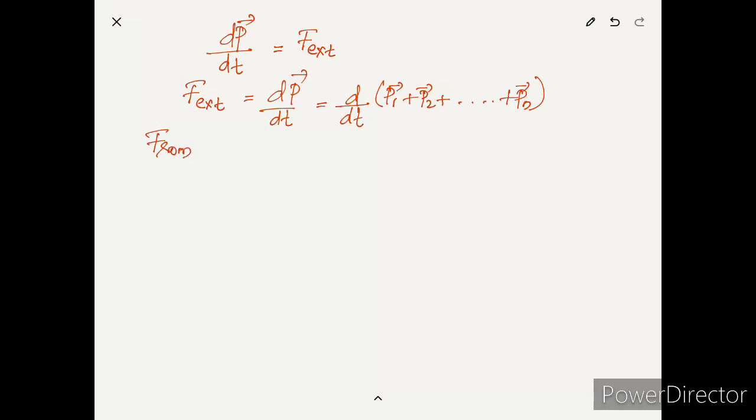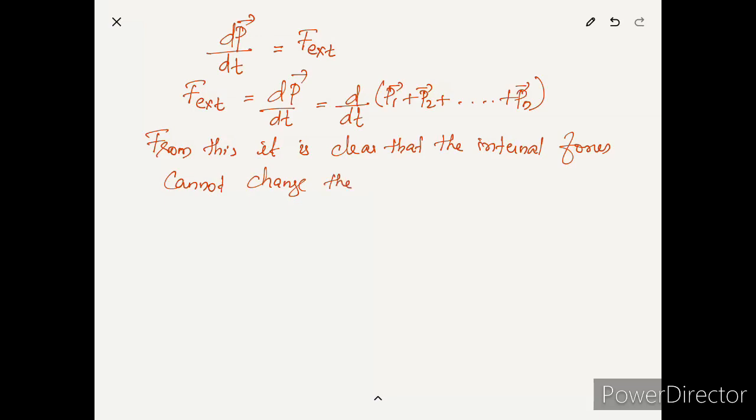From this it is clear that the internal forces cannot change the total momentum of the system.